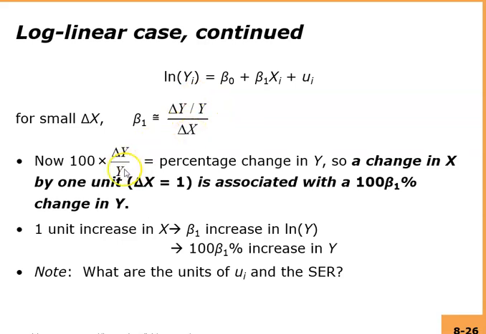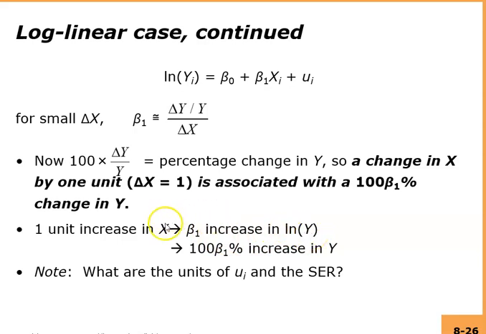If we multiply the change in y over y by 100, we get the percentage change in y, which means that the interpretation becomes that a change in x by 1 unit is associated with 100 multiplied by beta 1 % change in y.